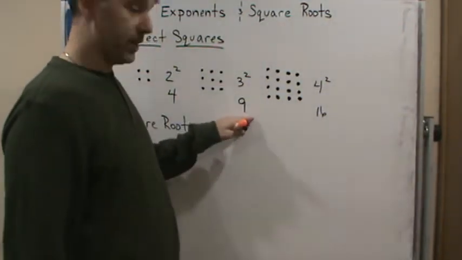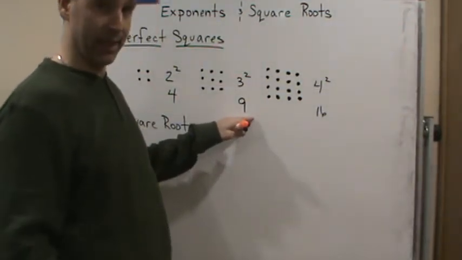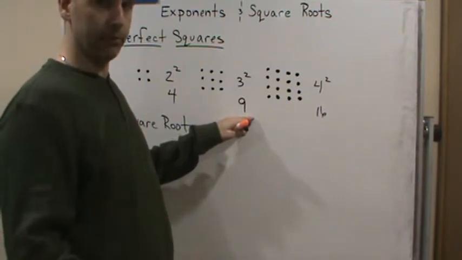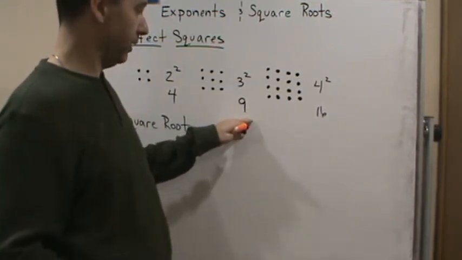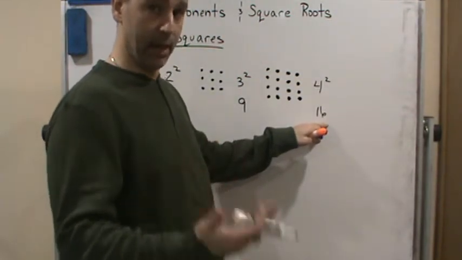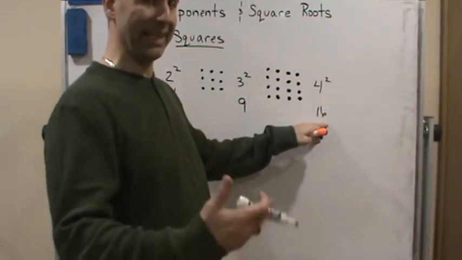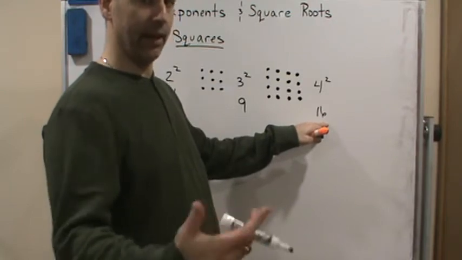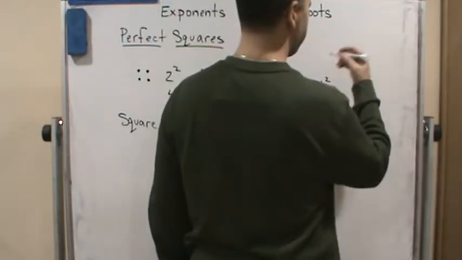9 is a perfect square because there exists a number multiplied by itself to get 9, which is 3. 16 is a perfect square. Why? Because there exists a number that we can multiply by itself to get 16. That number is 4. So there are lots of perfect squares, right?